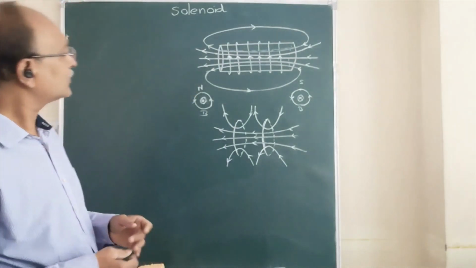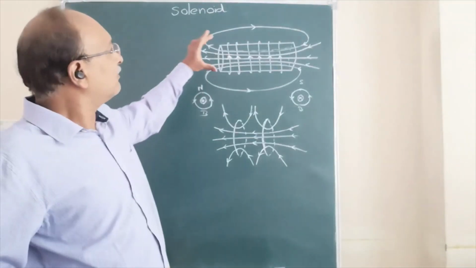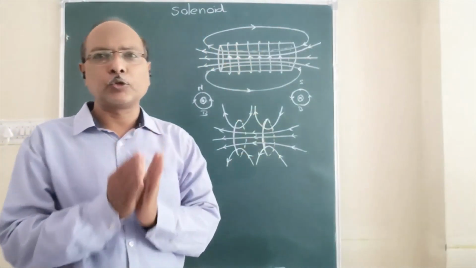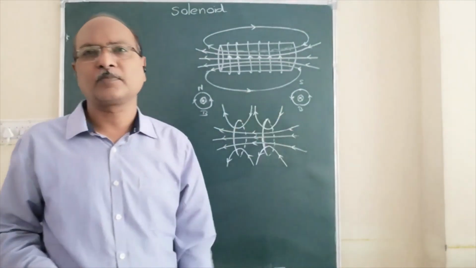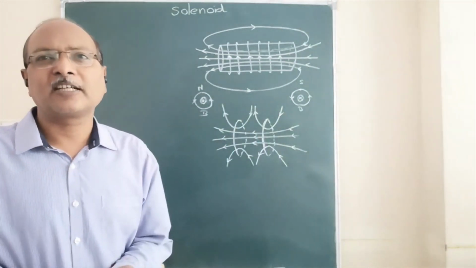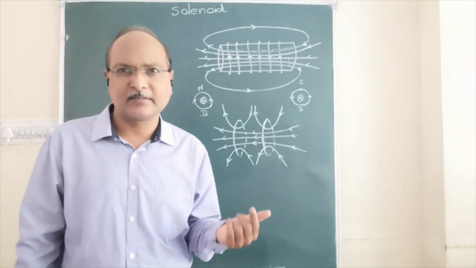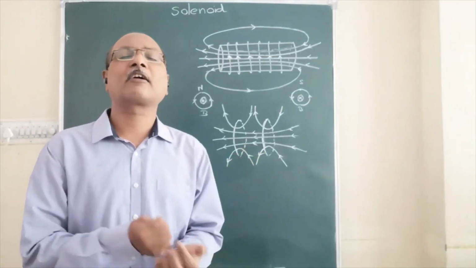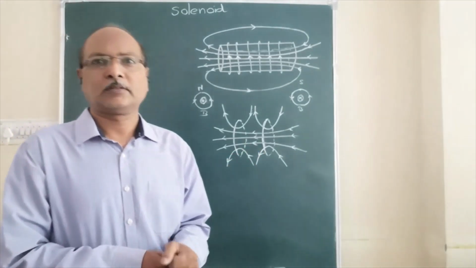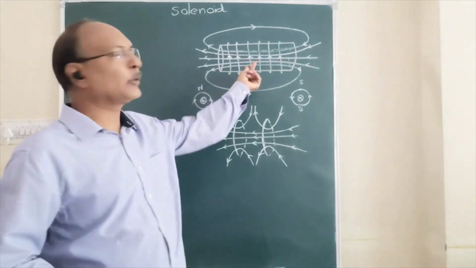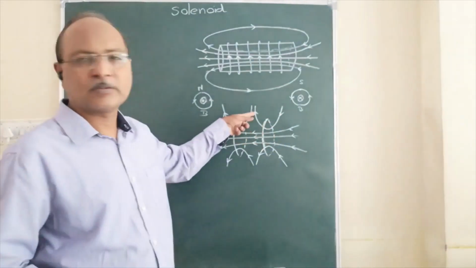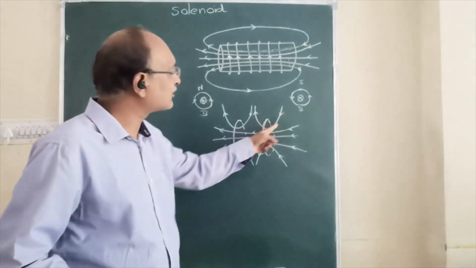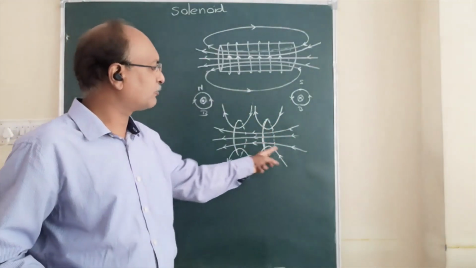Now, for convenience, we consider two adjacent loops. The lines will be entering the south pole and coming out of the north pole. Suppose you take any two adjacent loops here, we are showing the magnetic field lines. They enter from the south pole and come out of the north pole.